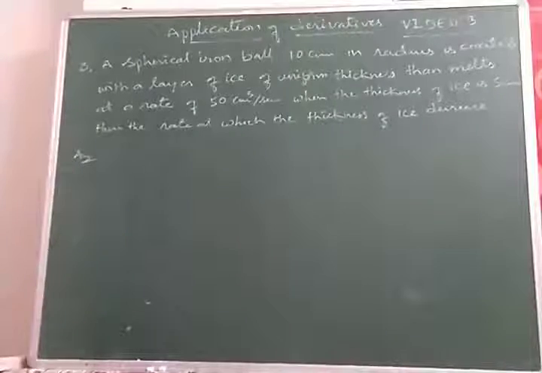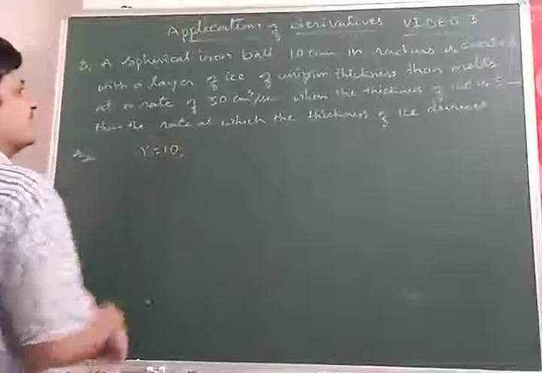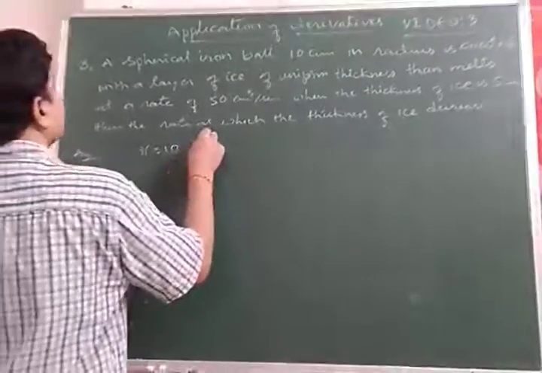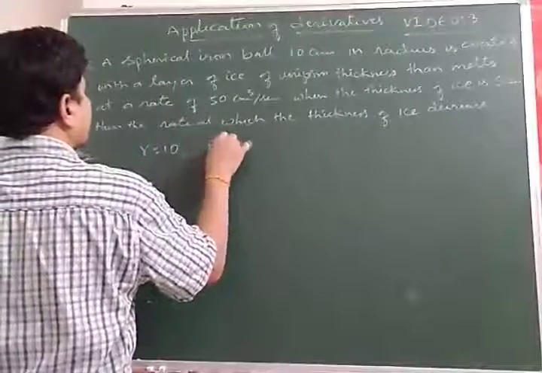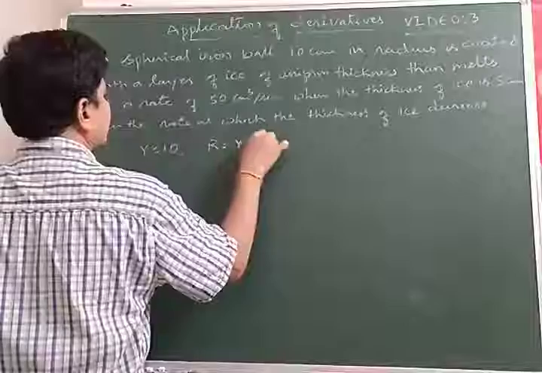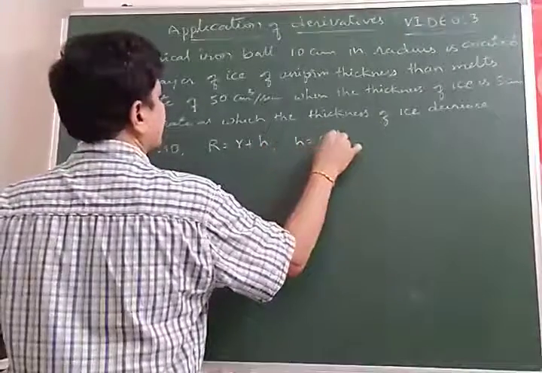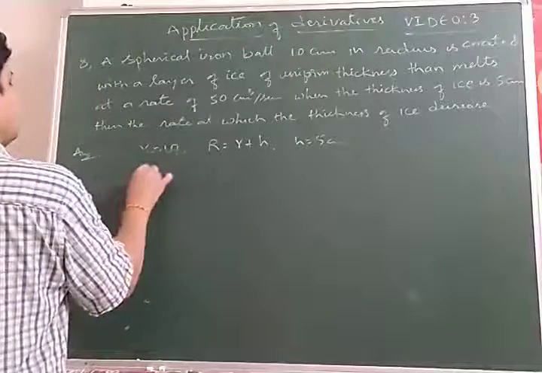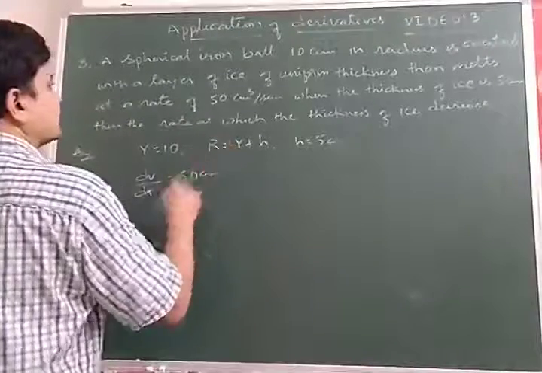Radius of the iron ball, small r, is equal to 10. After ice coating, the radius of the spherical iron ball is capital R is equal to small r plus capital H, where H means 5 centimeters thickness, and dV by dt is equal to 50 cubic centimeters per second.